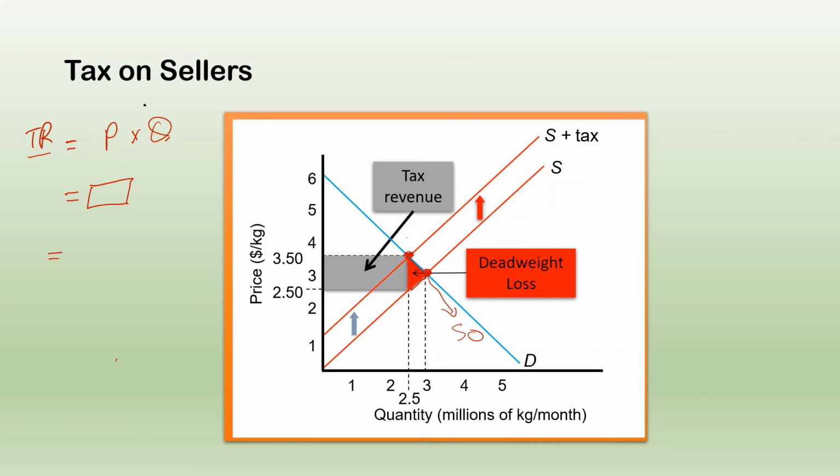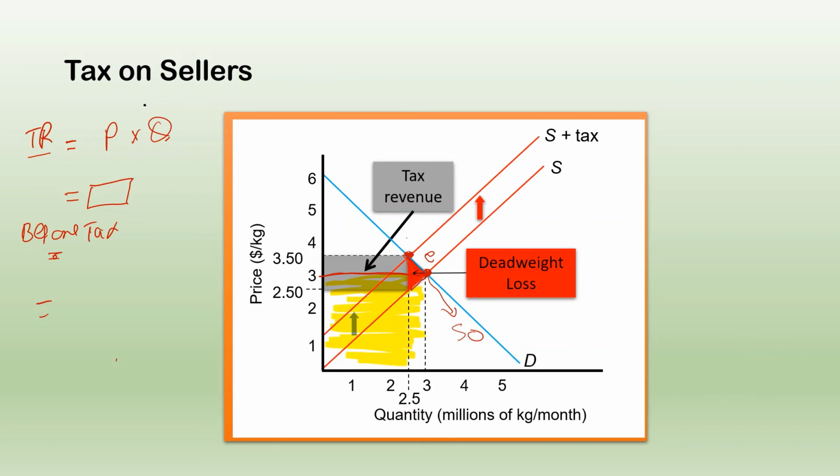So before tax, the total revenue can be calculated as, this one is the initial or social optimal. So it is actually the area of this rectangle.